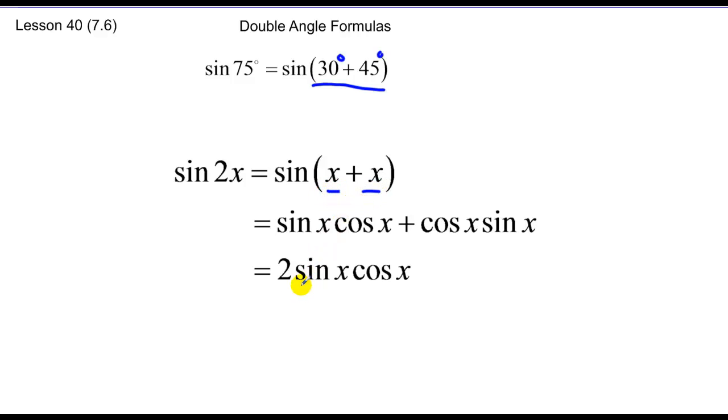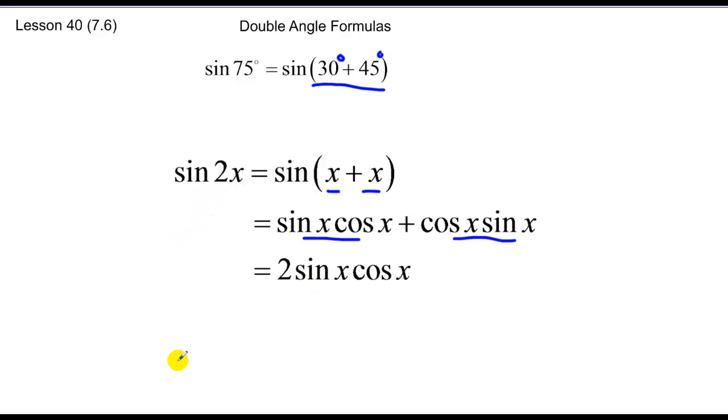Let's say I want to find the sine of 2x, which is the same as an angle plus itself. Well, I could use the sum and difference and say the sine of the first angle x times the cosine of the second angle, which is also x, plus the cosine of the first angle x times the sine of the second angle x. You'll notice, because of the commutative property of multiplication, these two terms are actually the same.